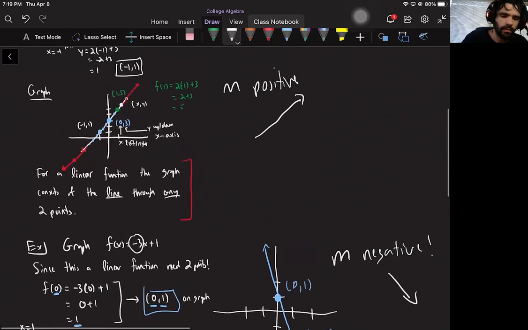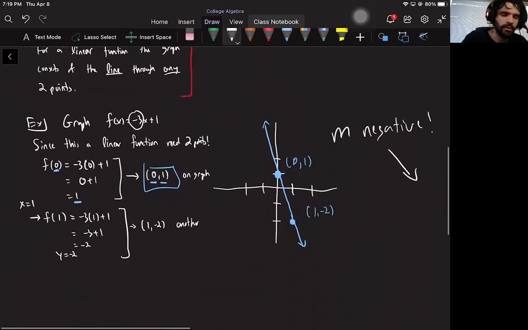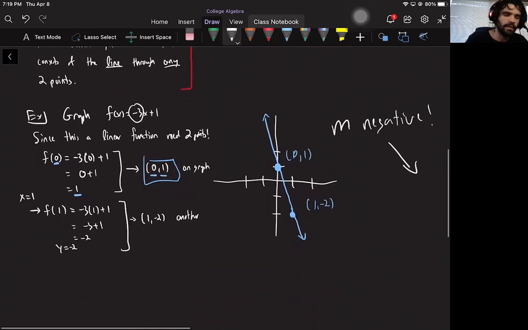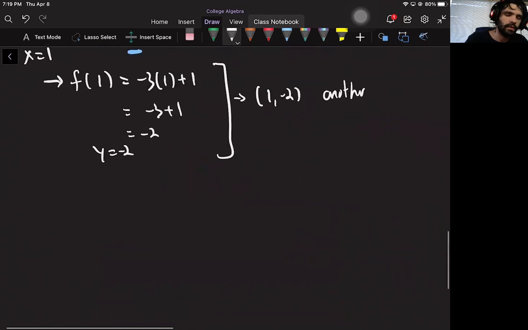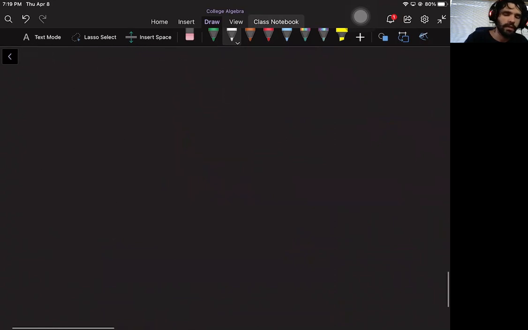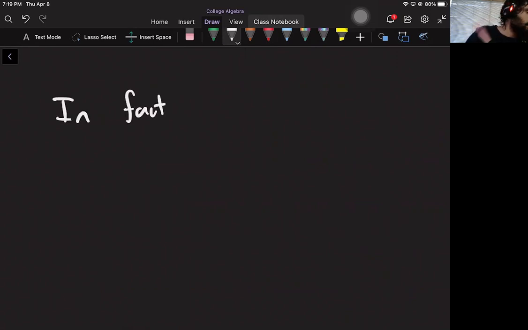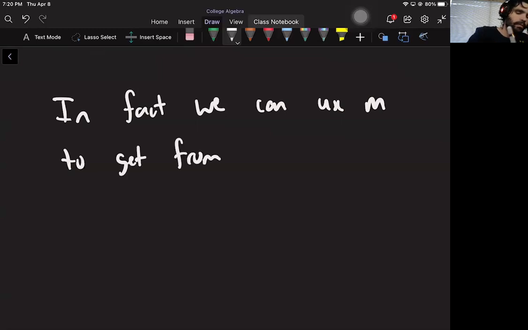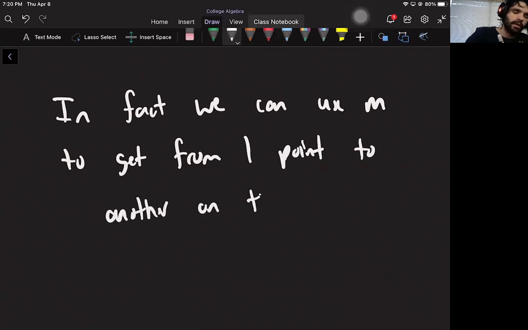And this leads us to something interesting we can actually do with the slope to graph these in a different way, which is slightly quicker, and actually just overall a much better way to do it. So let's do that next. In fact, we can use m to get from one point to another on the graph.